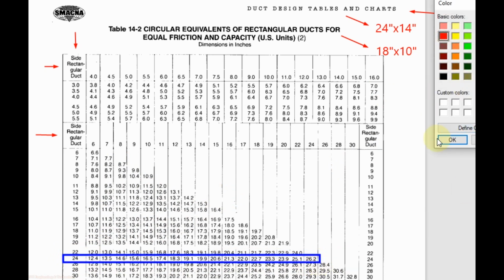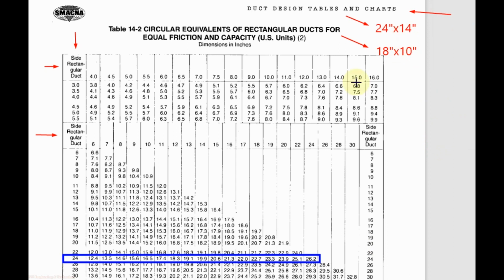Then the second dimension is 14. We will select from here 14. So for the duct size 24 by 14 inch, the round diameter is 19.9 inch. For the second one we have 18 by 10 inch, so we will select from here the 18.